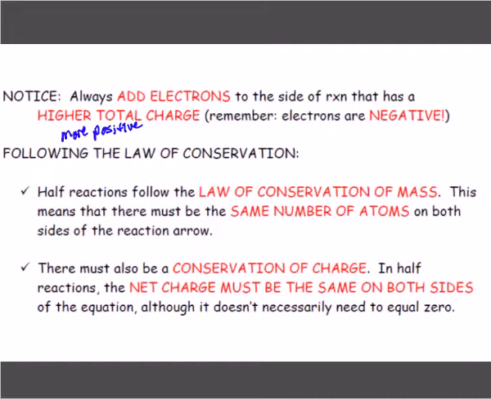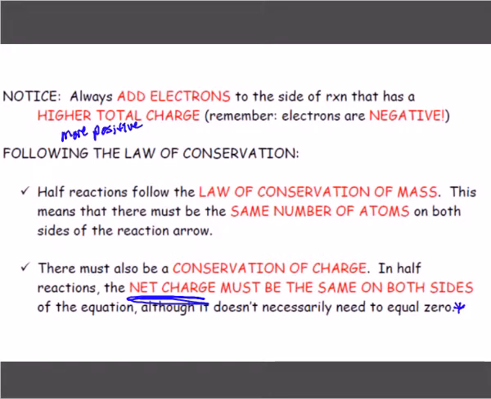I know the homework that we went over yesterday, we kind of skimmed over that just for the sake of practicing the oxidation numbers and identifying redox, but we've got to make sure that it's balanced. And then there also has to be, guys, a conservation of charge. So in half reactions, the net charge, meaning the overall charge on the entire reaction, must be the same on both sides.